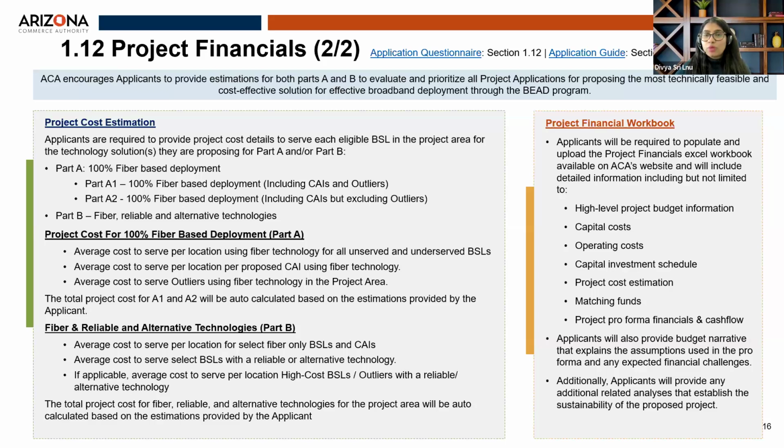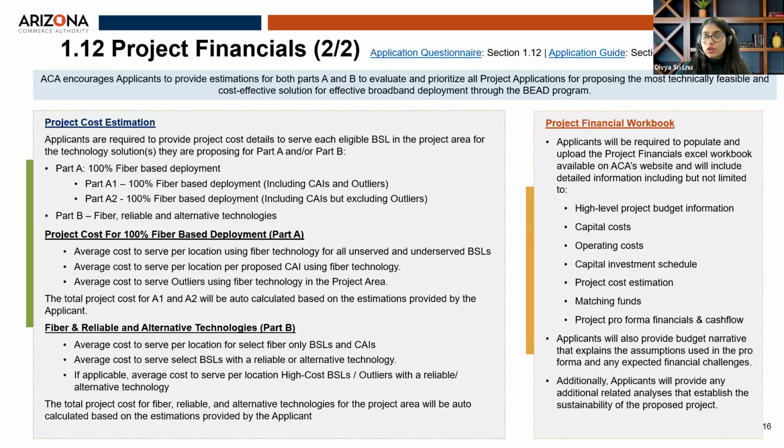So applicants will have the option to indicate the number of BSLs and the average cost to serve using the reliable or alternative technology that they chose. And the last one, wherever it's applicable, if the project area has high cost locations or outliers, then the applicant can indicate those outliers within this section and the average cost to serve each location. The total project cost for Part B will be auto-calculated based on that.